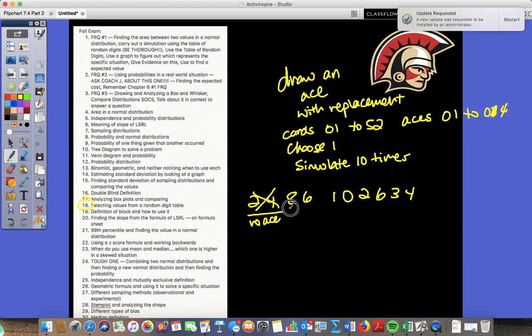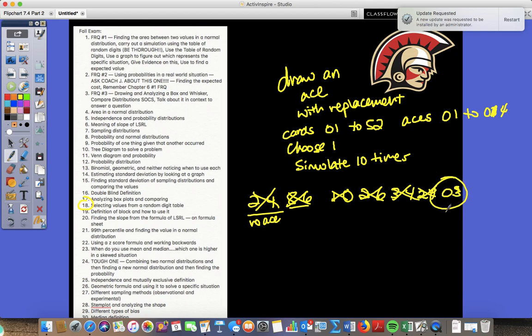Knowing this, right? 86, hold up, make sure. I say this, each set of two numbers, right? No ace, or actually this would be outside of my range, right? So this would be no ace, outside range. This would be no ace, no ace, no ace, no ace, and I'm just making one up.